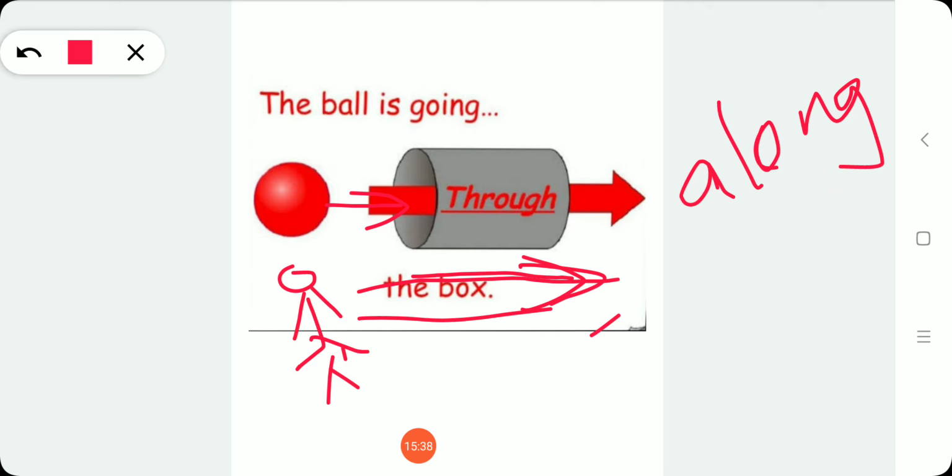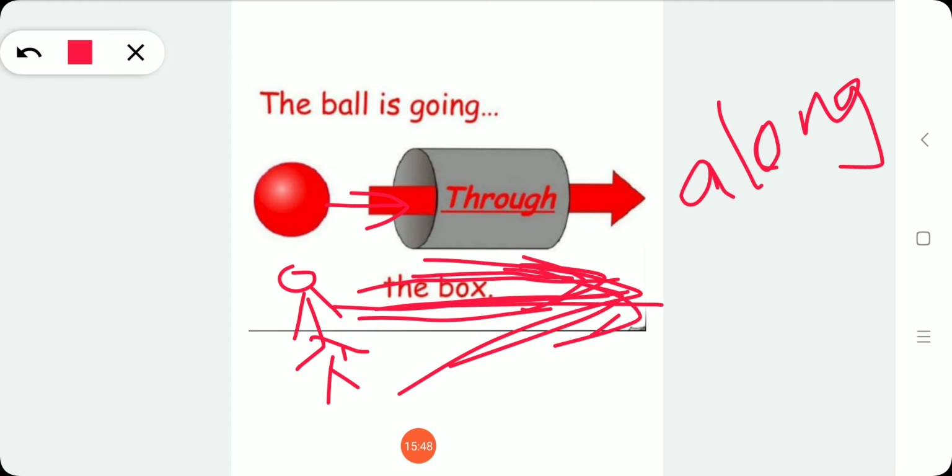Through means passing through that. So this is the difference between along and through. If we put an arrow mark here, we can say along: the man is walking along the tunnel or along the box. As the arrow mark is here, we can say the ball is passing through the box. So this is the difference between using along and through.